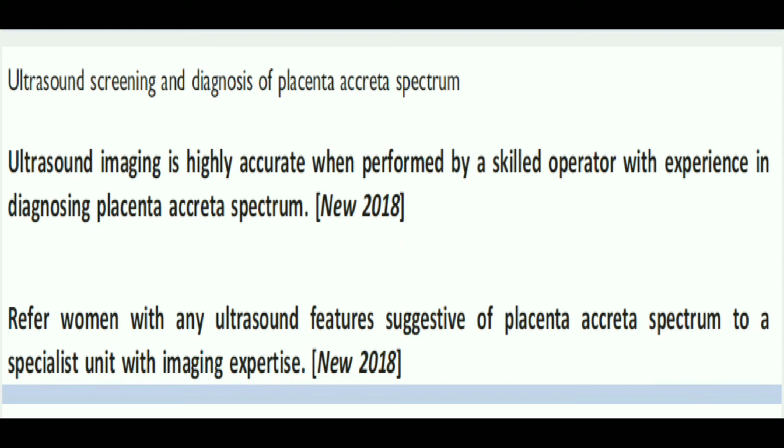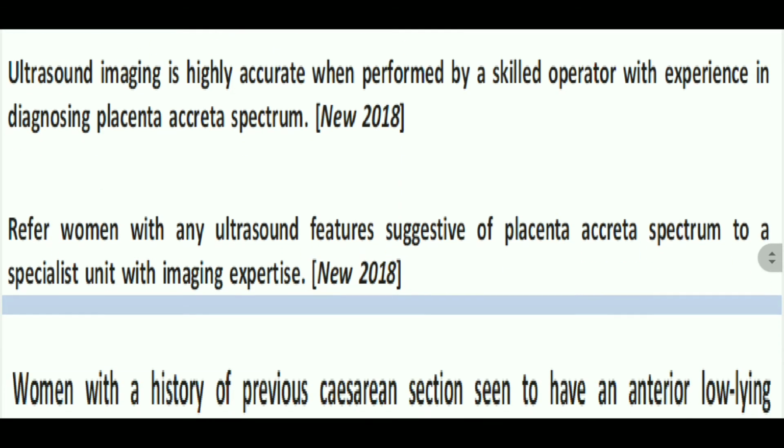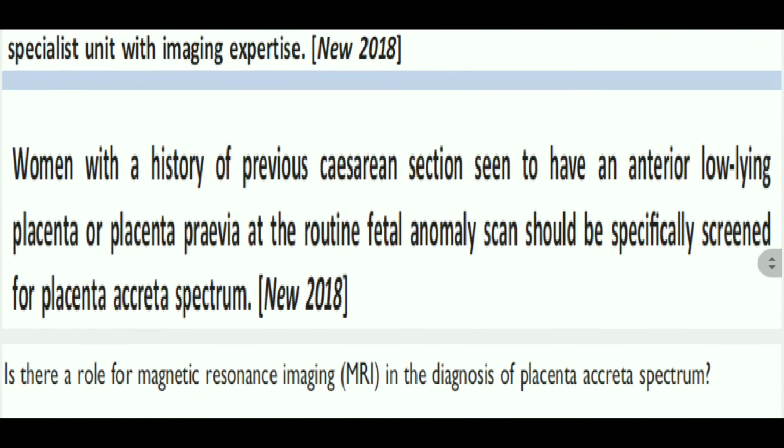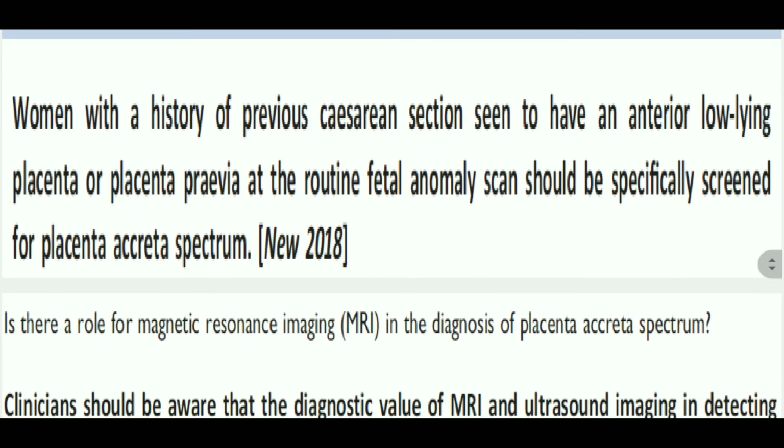And we have to refer women with any ultrasound features suggestive of placenta accreta spectrum to a specialist unit with imaging expertise. And you can see from Appendix 2 that women with a history of previous cesarean section, or who have an anterior low-lying placenta or a placenta previa at the routine fetal anomaly scan, should be specifically screened for placenta accreta spectrum.